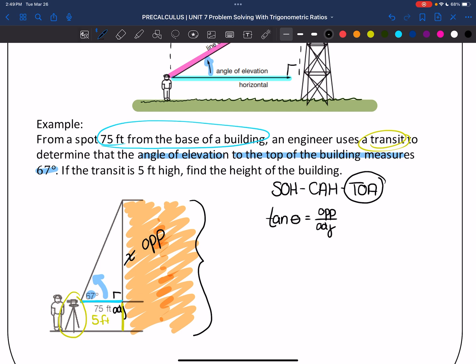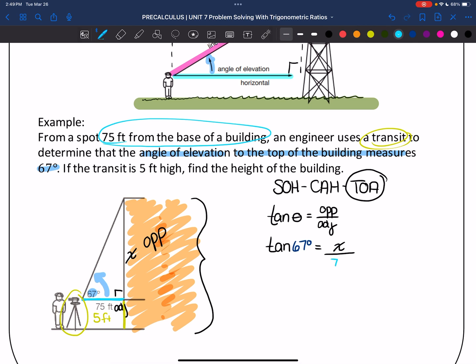So let's plug in our values. This is the tangent of theta, and theta is 67 degrees. The opposite side is what we're trying to find, and the adjacent side is that 75 feet. So if we want to solve this, we need only to multiply each side by 75.